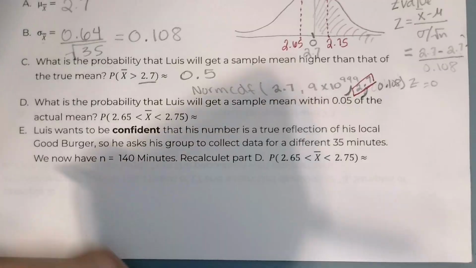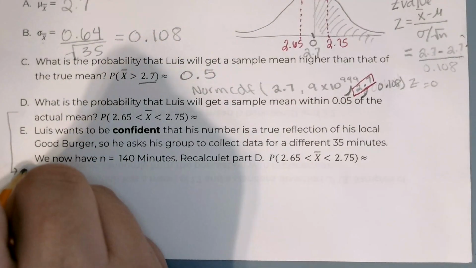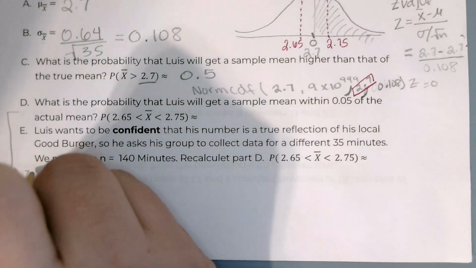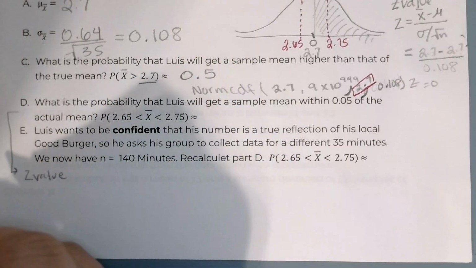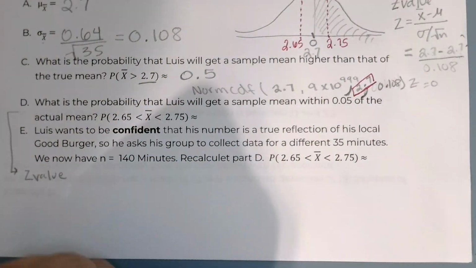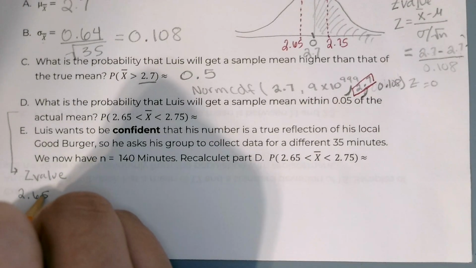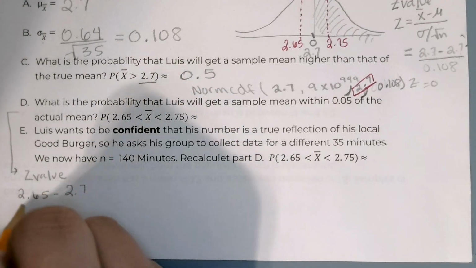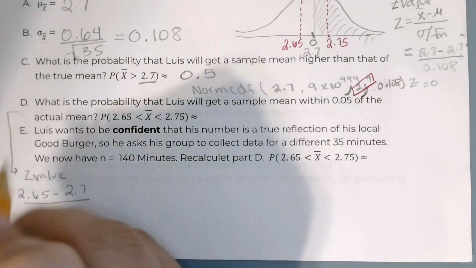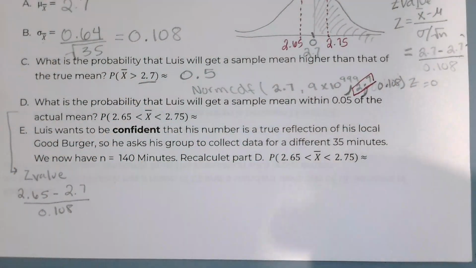I should have left myself some more space, but I'm going to go ahead and work that z-value right here. Okay, so I'm going to start with 2.65, so that gives me x bar, 2.65, minus mu of 2.7, divided by my 0.108 of my standard error.